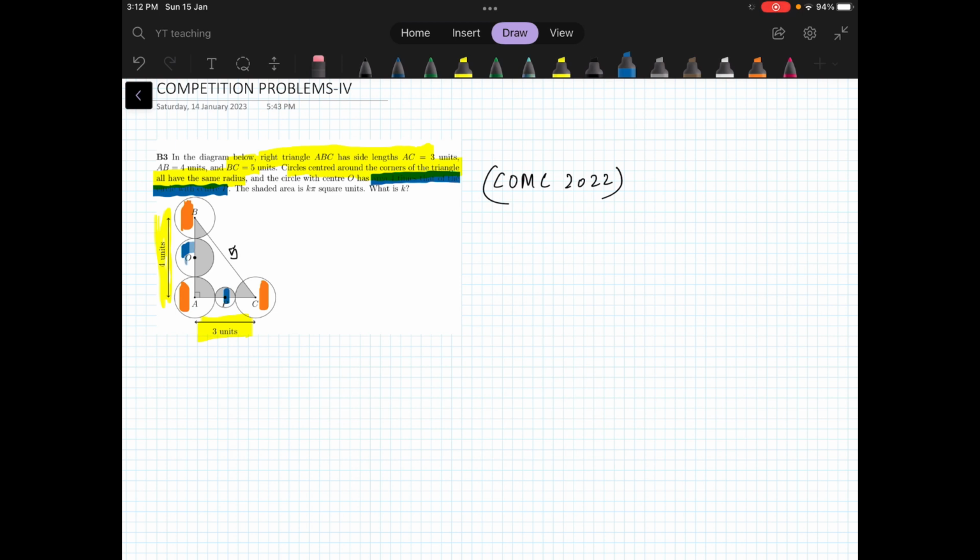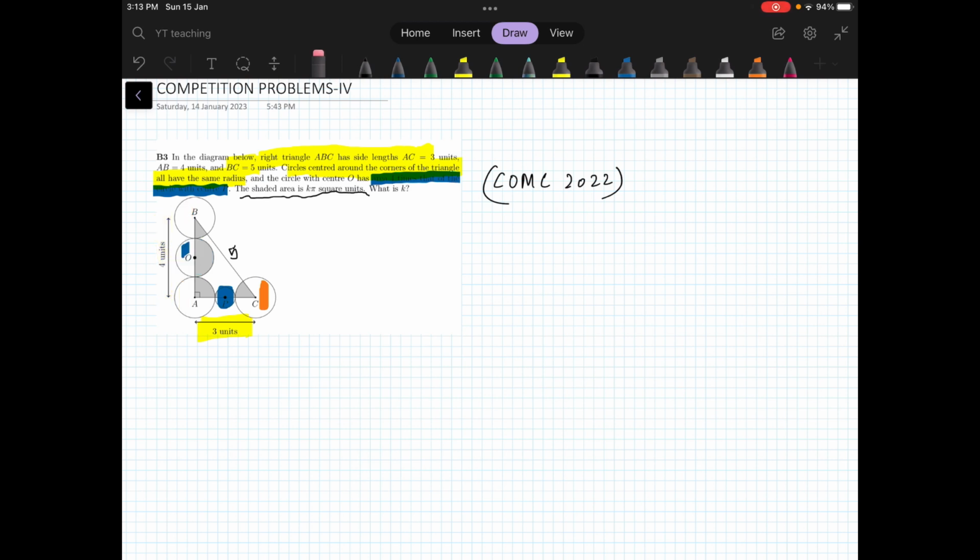They are saying that this circle here has an area which is 4 times the area of this circle here. And what they are telling us next is the shaded area is k pi units. Okay, so the shaded area is given as k pi units.